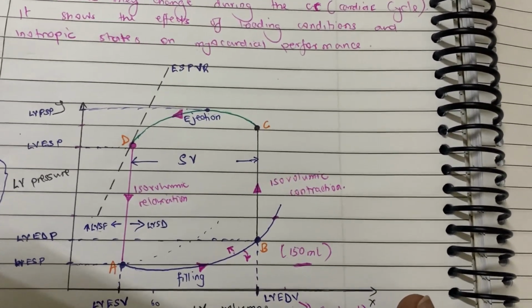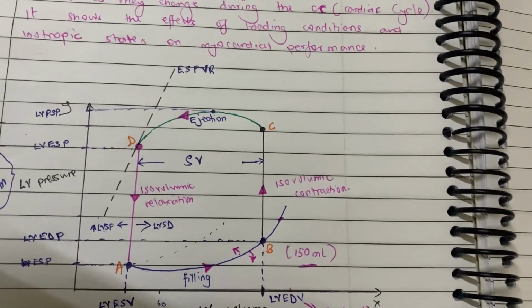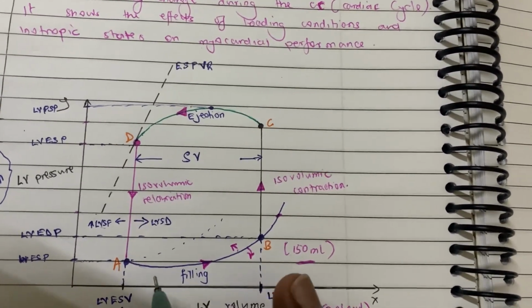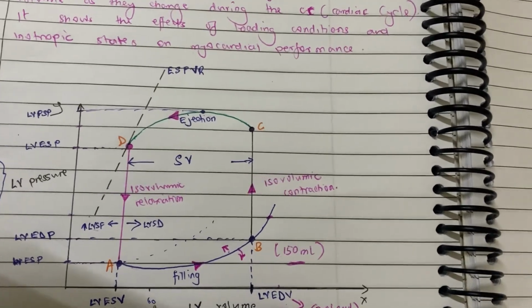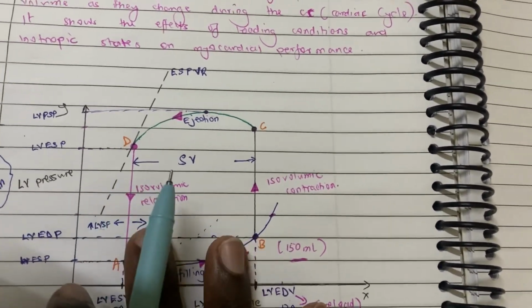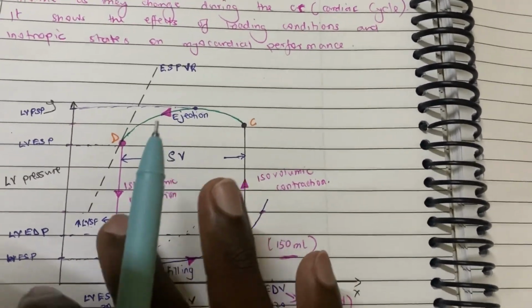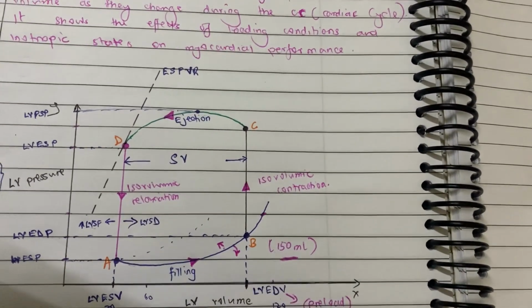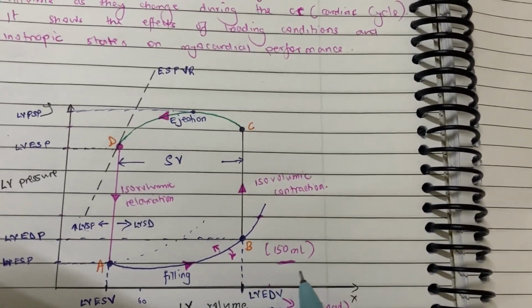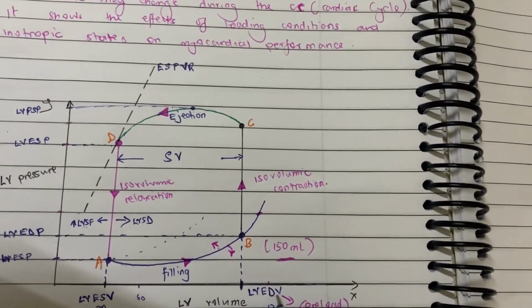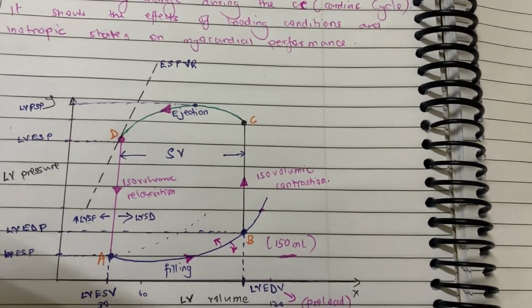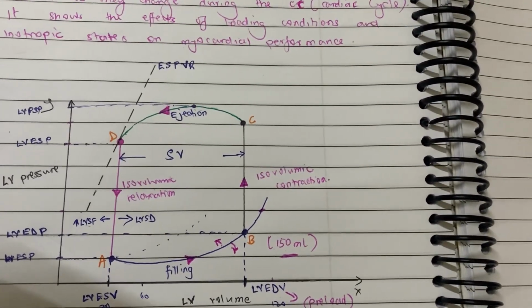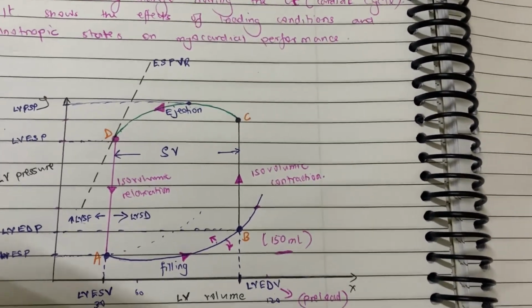Preload is the same, but there is an increase in LV end-systolic volume, a narrower shape, and then LV dysfunction. If this curve shifts to the right, with increased LV EDV, it can be normal, or cardiomyopathies, or valve diseases.